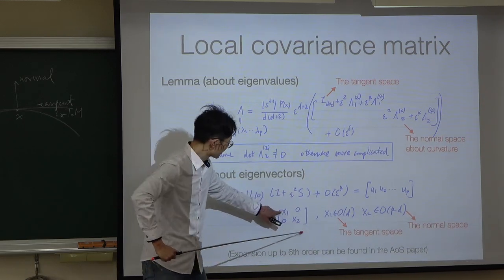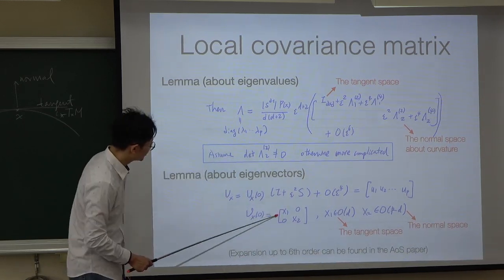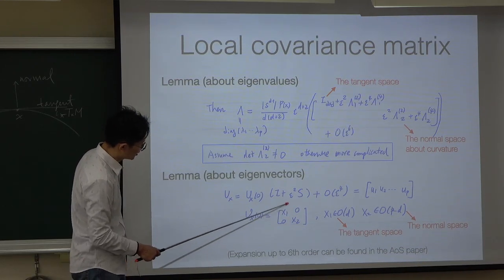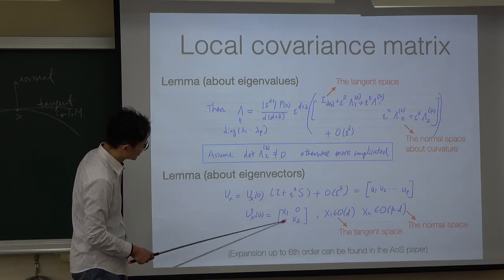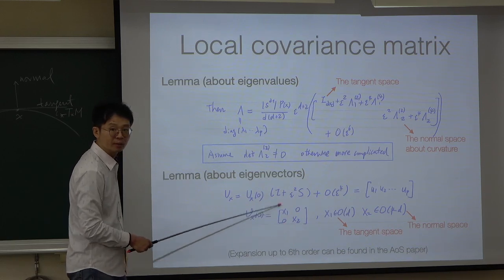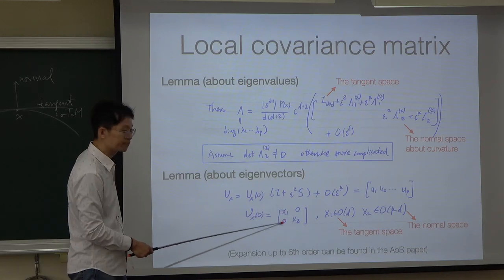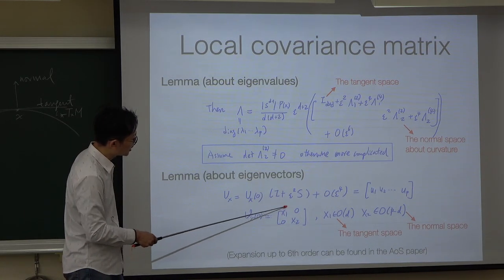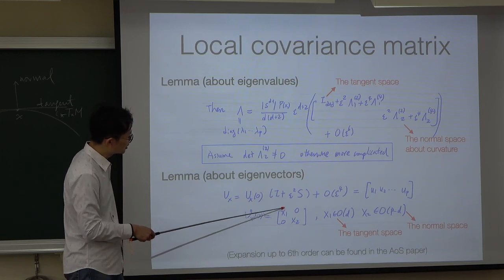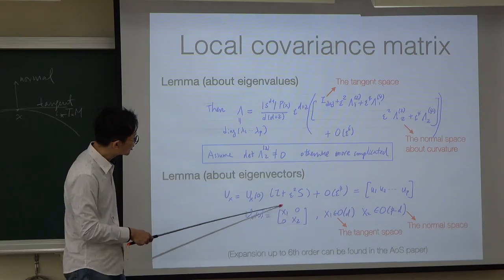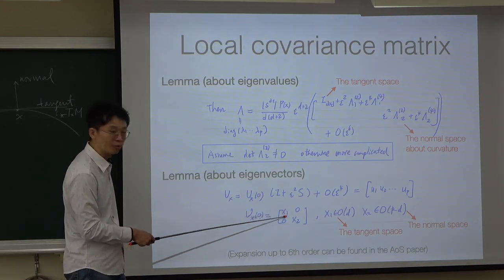What does it tell us? This X1, if you consider this X1, 0, this block, this d-dimensional vector, this will actually expand the embedded tangent space. Because you see, you have d independent vectors, and these d independent vectors will only occupy the first d coordinates.